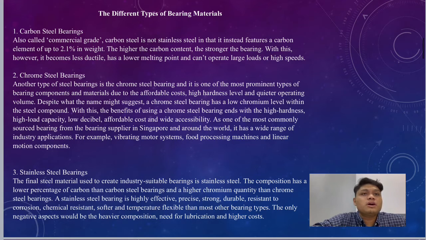Another type of steel bearing is the chrome steel bearing, and it is one of the most prominent types of bearing component and material due to the affordable cost. And number three is stainless steel bearing. The final steel material used to create industry-suitable bearing is stainless steel.